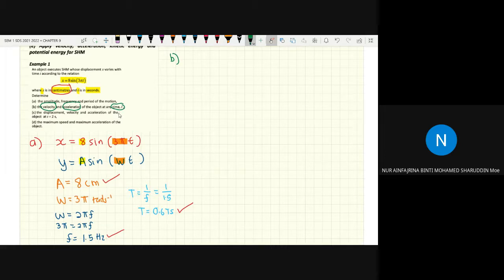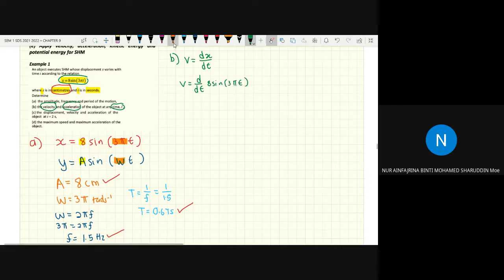I repeat, you kena differentiate dia respect to time. Dan kita tahu kalau kita nak cari velocity, kita akan differentiate displacement respect to time. Ini ialah your displacement, jadi you masukkan you punya x. So you akan dapat d/dt 8 sin 3 pi t.